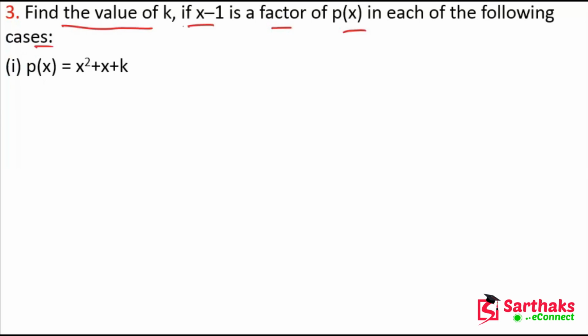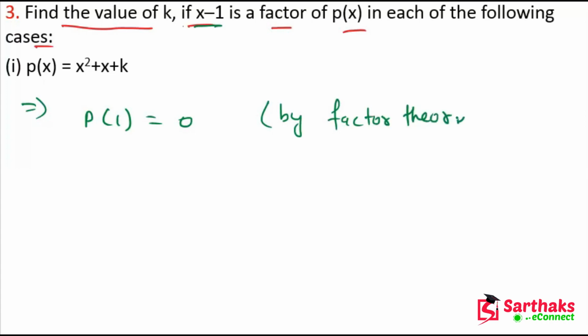Here in the question, it is already given that x minus 1 is a factor of p of x. So if this is a factor of p of x, we can write p of 1 equals 0, by the factor theorem. Now we put the value of x in this equation.